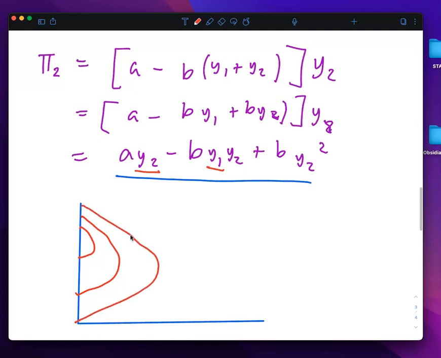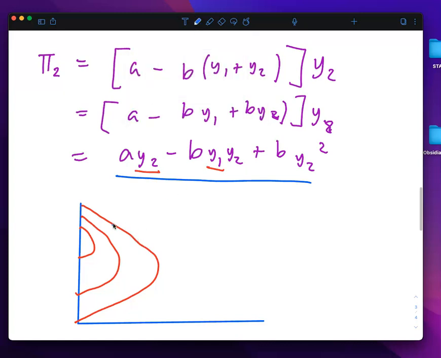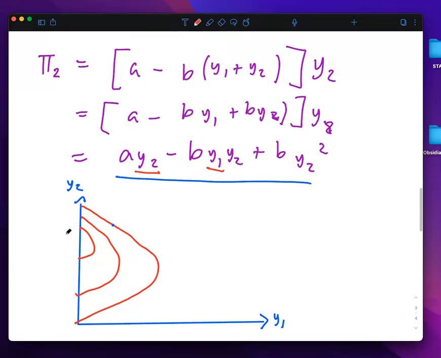Each point on this curve represents some combination of player 1's output and player 2's output at some level of profit, or some level of bad guys killed. So maybe this is profit 1, profit 2, dot dot dot, profit 3.